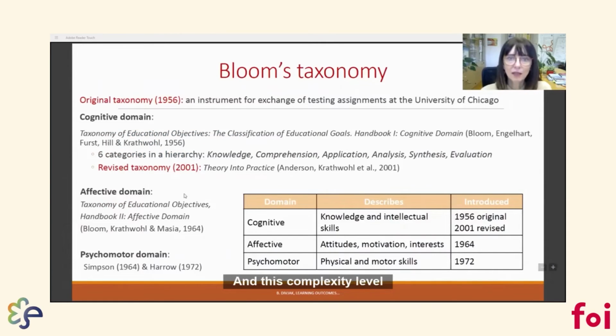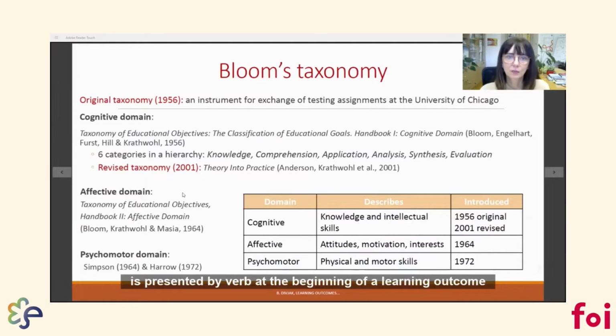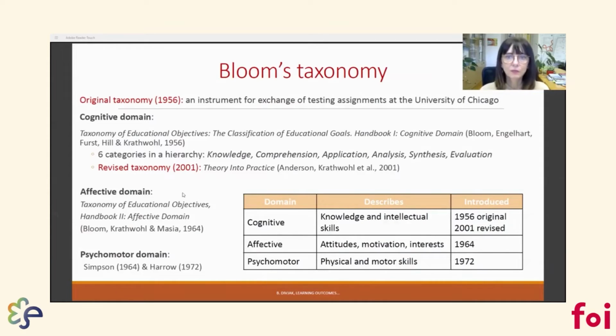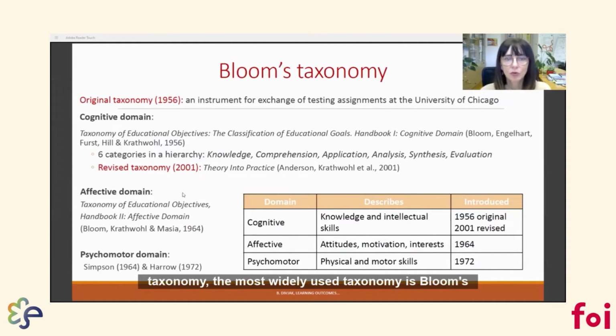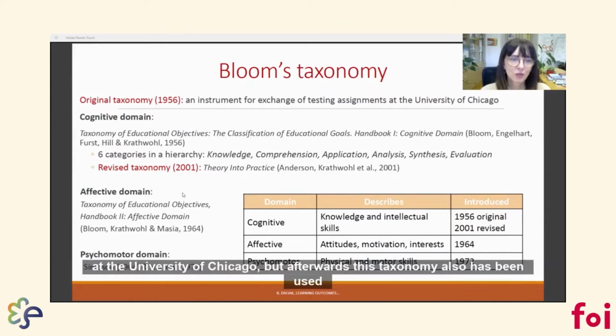And this complexity level, which is presented by the verb at the beginning of a learning outcome statement, is usually related to some taxonomy. The most widely used taxonomy is Bloom's taxonomy, which originated in 1956 and was developed by Bloom and his co-workers as an instrument for exchange of testing assignments at the University of Chicago.